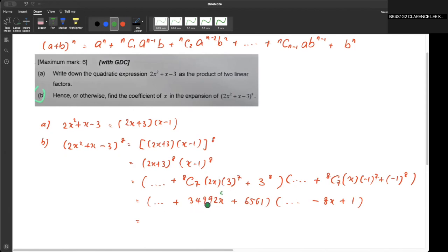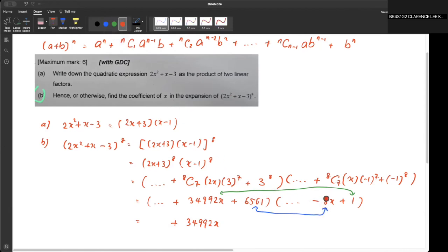For example, this term, when you multiply with this, forms a term in x. So this times this, we will get 34992x. This times this, no need, because it produces an x squared term. We don't want that. Likewise, this multiplied with this will produce the x term.